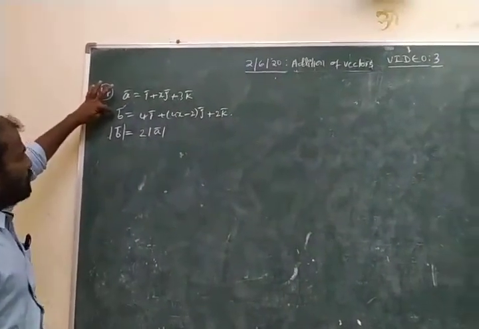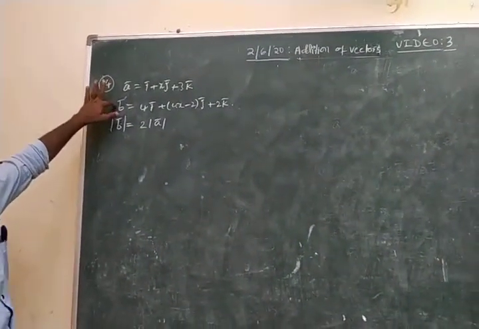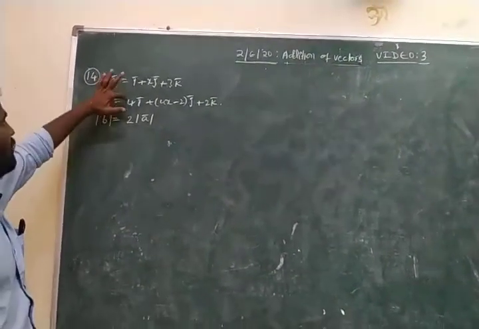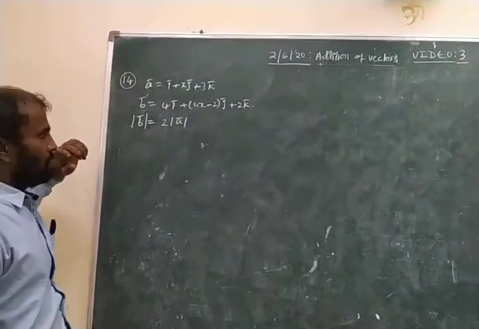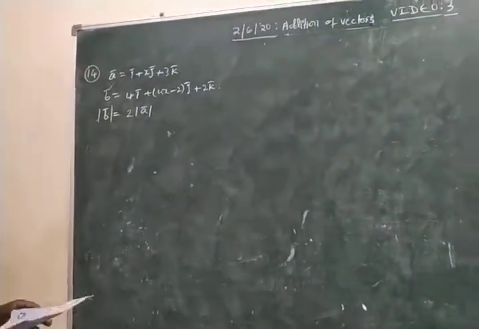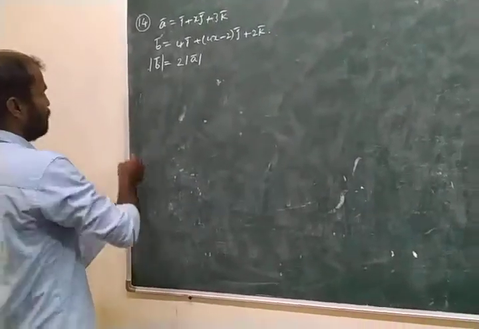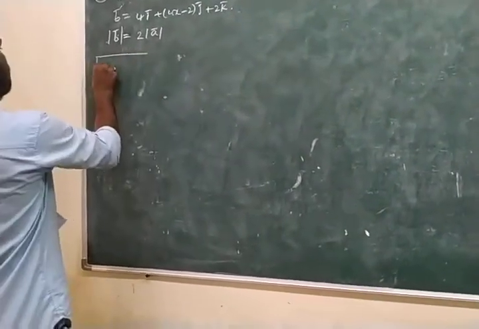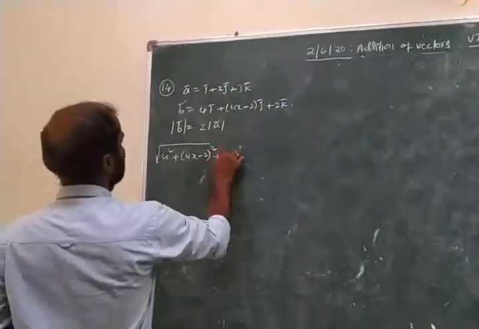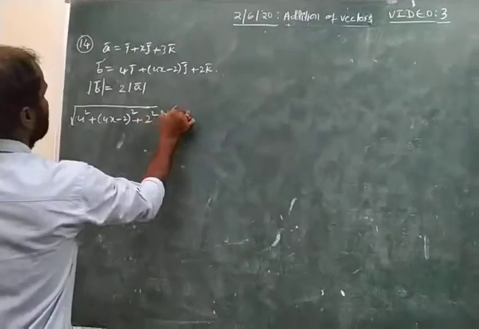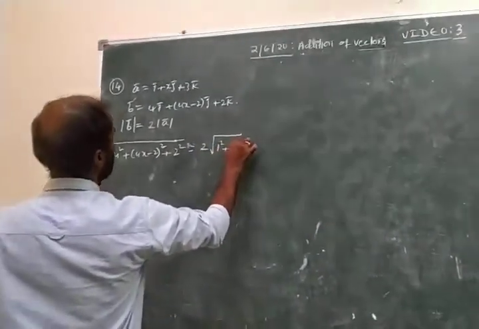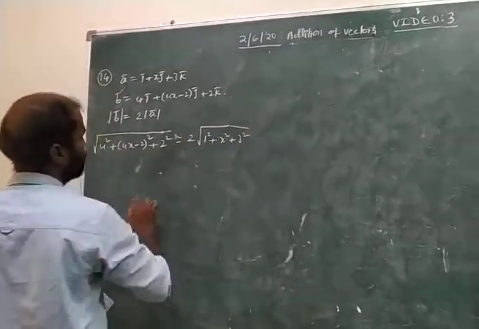The magnitude of the terminal vector is twice the magnitude of the initial vector. So now find the length: root over 4 square plus (4x minus 2) whole square plus 2 square is equal to 2 into root over 1 square plus x square plus 3 square.